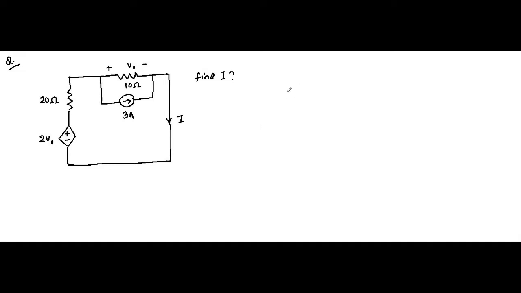20 ohm, 2 V0, then we have 10 ohm, V0 with minus, and this 3 ampere.